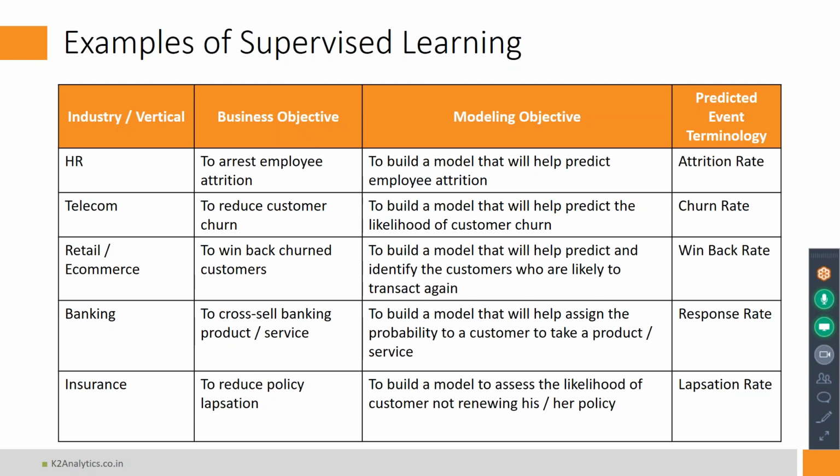Insurance. In insurance, one of the major challenges which many insurance companies face is the mis-selling element. Many people become agents, and in the initial years they have to do a number of policies. There is a target that an insurance agent has to do some 12 policies in a year, which means at least one policy every month.